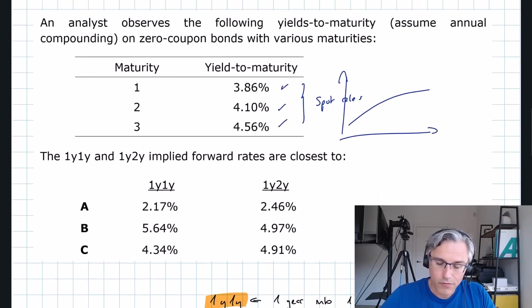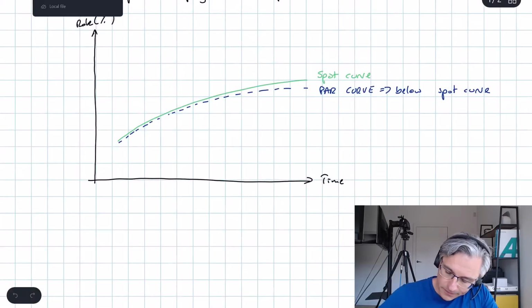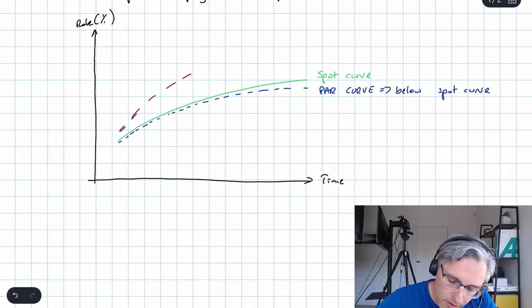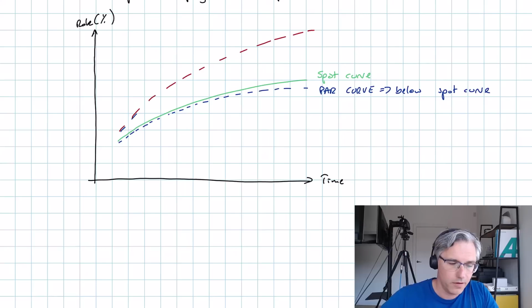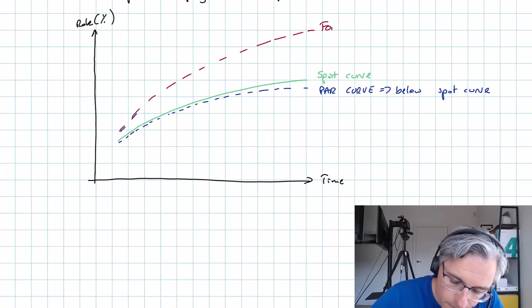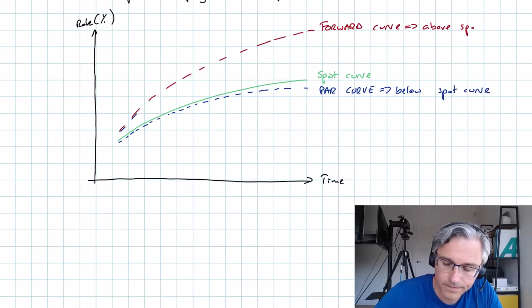Both of those were definitely higher than the spot rate. So the thing is, with forward rates, you're always reaching above the spot curve in an upward sloping environment. They have to be higher to give you an average which is going to be appropriately high. So forward curve, that one sits above the spot curve.